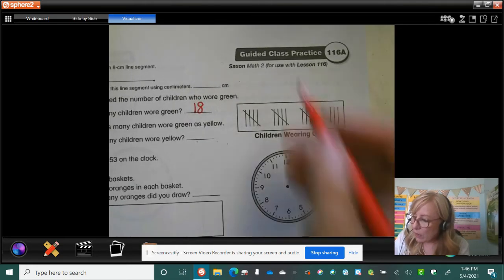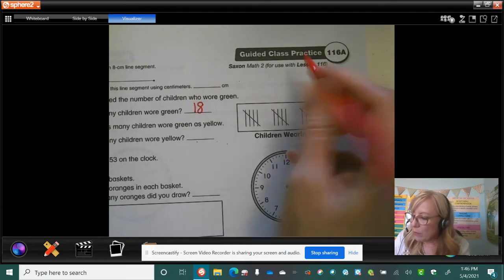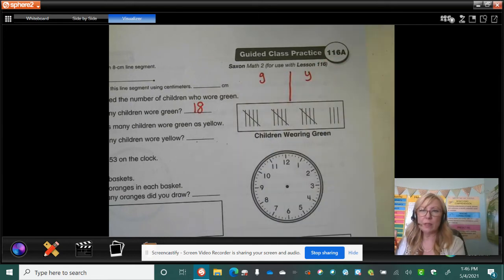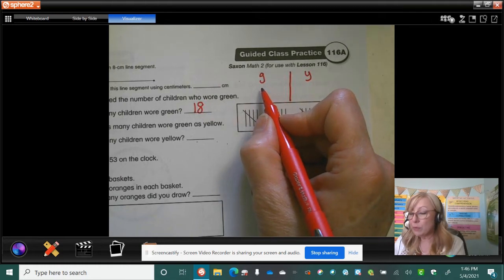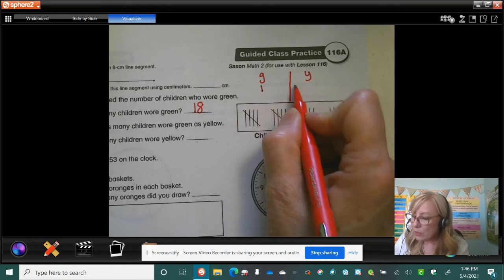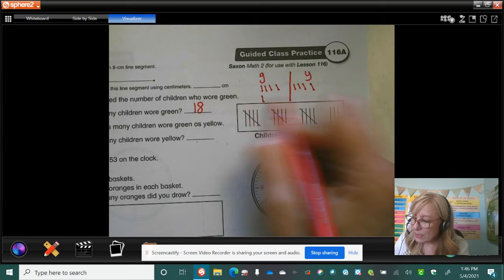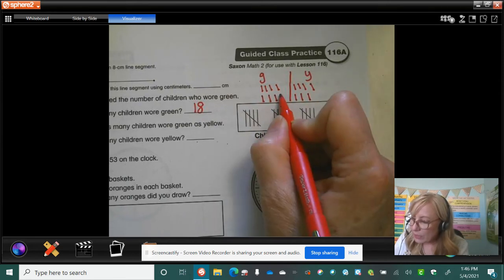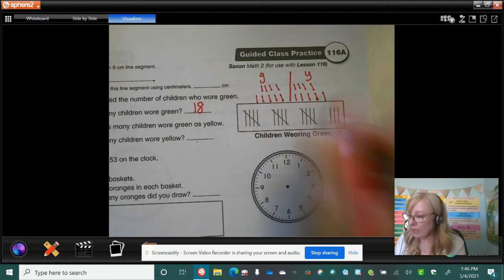So I'm going to draw 18 individual tallies. And remember, we have green and we have yellow. So we'll do it this way. Remember, when we're dividing into groups, we'll count like this. 1, 2, 3, 4, 5, 6, 7, 8, 9, 10, 11, 12, 13, 14, 15, 16, 17, 18.